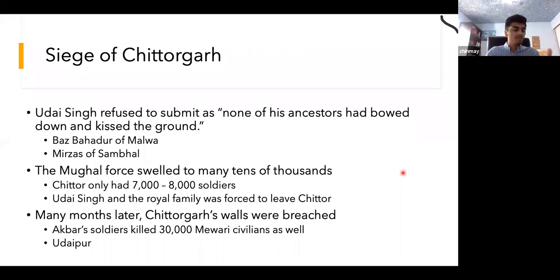So Akbar lost a lot of men, and after the remaining soldiers in Chittorgarh were defeated, Akbar not only went inside and killed the enemy soldiers, he also killed 30,000 Mewari civilians, ordinary people living in houses. He had 30,000 innocent people living in the fort killed.